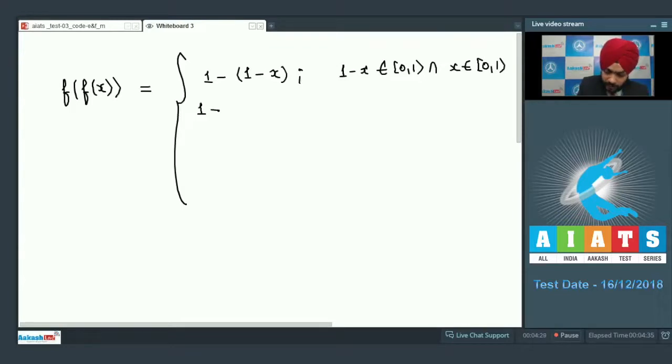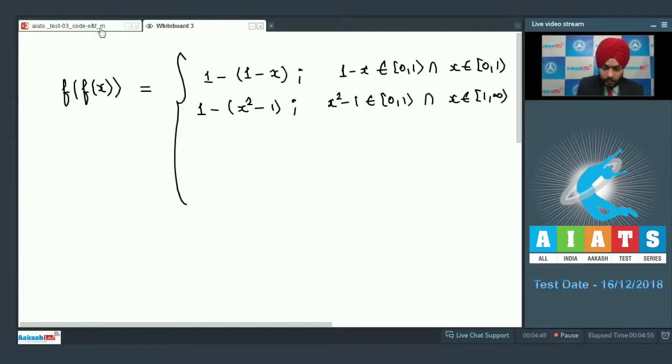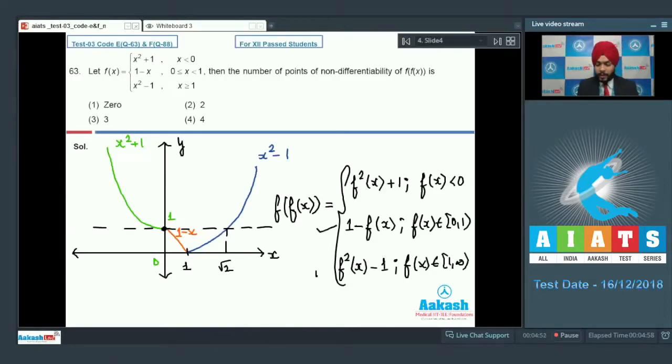First possible definition. Second possible definition, 1 minus x square minus 1. So over here, x square minus 1 should belong to 0 to 1. Intersection, f(x) is equal to x square minus 1 when x is greater than or equal to 1. So this is x belongs to 1 to infinity. This definition is over. Now let us split this definition into three further definitions.